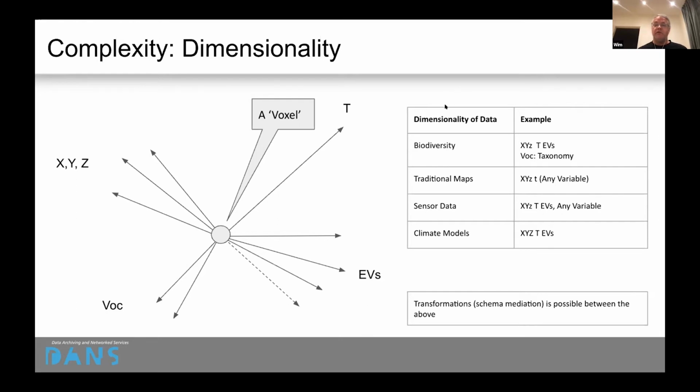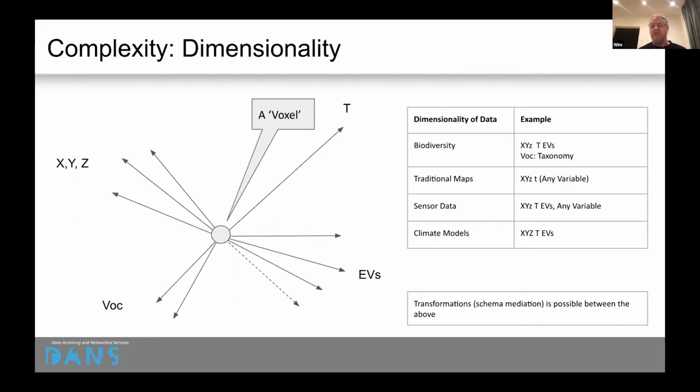Now, if we look at specific examples, then biodiversity data typically has references in X and Y, and vocabulary that describes the taxonomy, and it may include additional data in respect of time of observation and the additional environmental variables associated with that, or essential variables associated with that taxonomy.